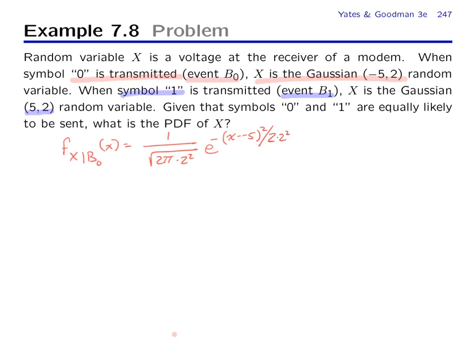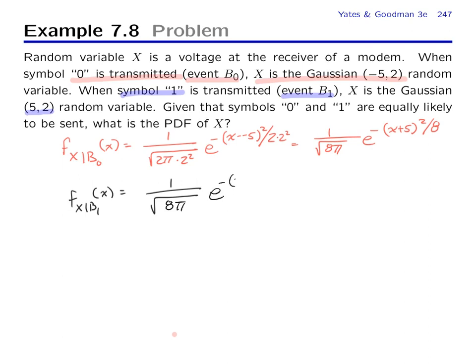So this simplifies to 1 over square root of 8 pi, e to the minus (x plus 5) squared over 8. And in the case of a 1 being transmitted, we have a conditional PDF of x given B1, and this is 1 over square root of 8 pi because the standard deviation is the same, e to the minus (x minus 5) squared over 8.